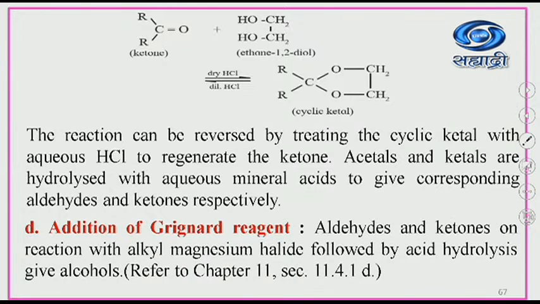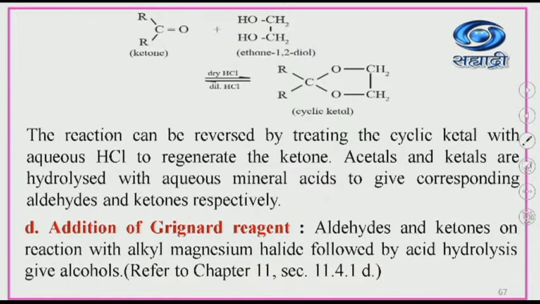Plus, if you treat with CH2OH-CH2OH, that is ethylene glycol, IUPAC name ethane-1,2-diol, with dry HCl, free from water molecule, then you will get the carbon attached to two oxygens bridged by CH2CH2. That is the cyclic ketal that is obtained.